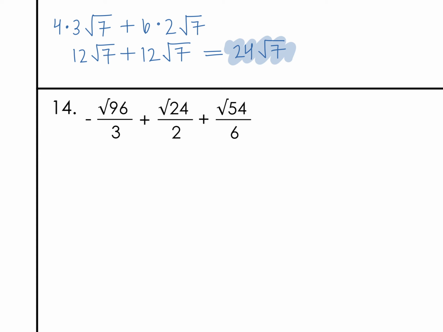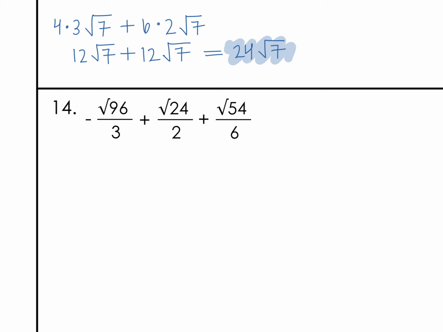Okay, so what I'm going to do first here is you need to keep in mind, in order to add fractions together, you need to have the same denominator. Okay, so I notice here that I've got 3, 2, and 6.